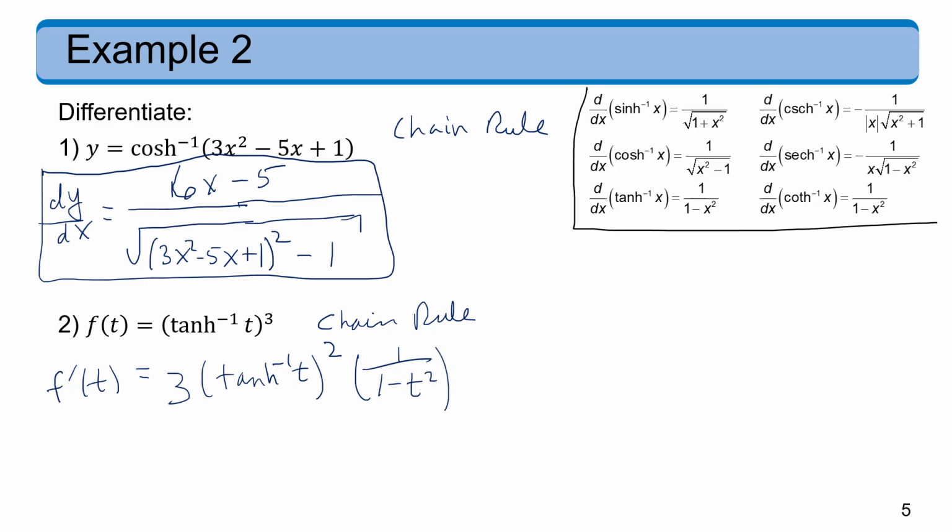And then if you wanted to make this look a little nicer, we could write it as 3 over 1 minus t squared, and then multiplied by this inverse hyperbolic tangent squared. And that's it.